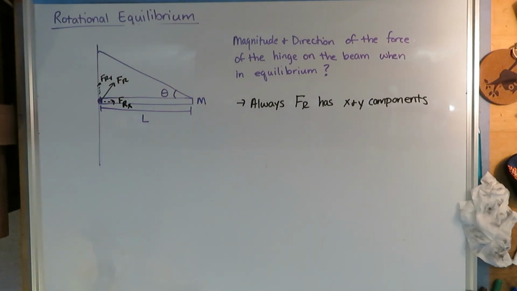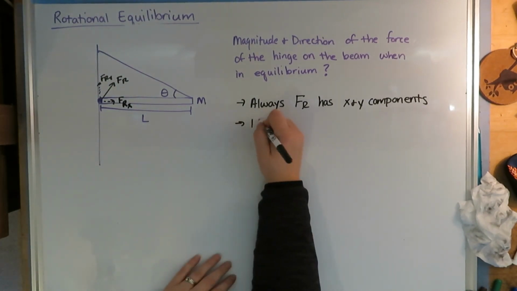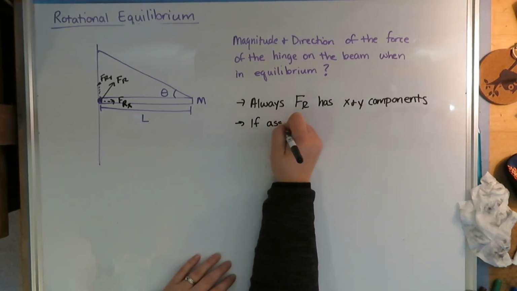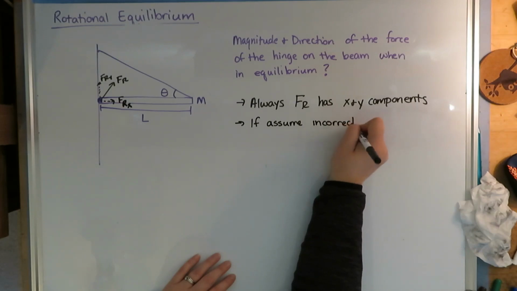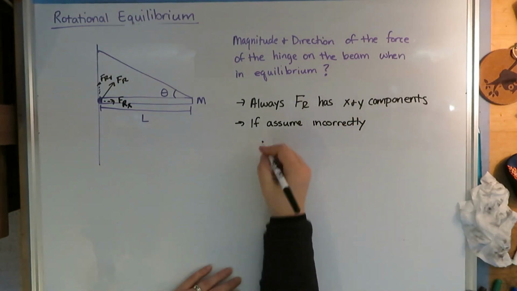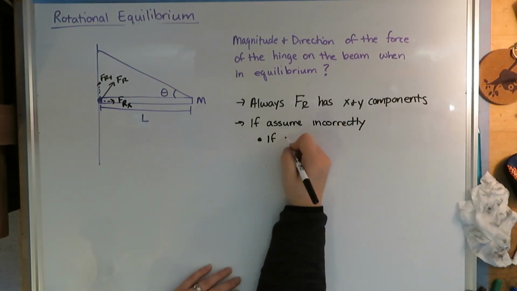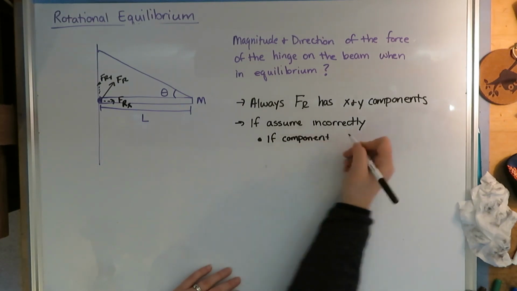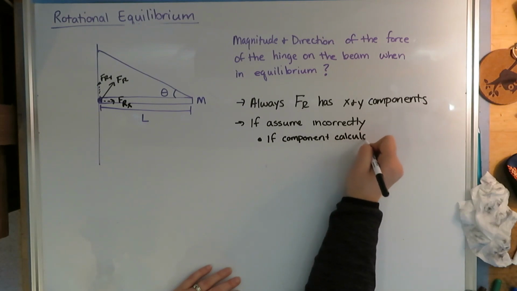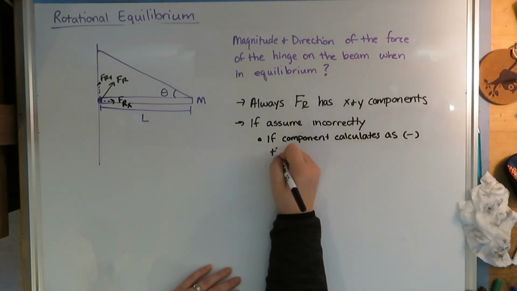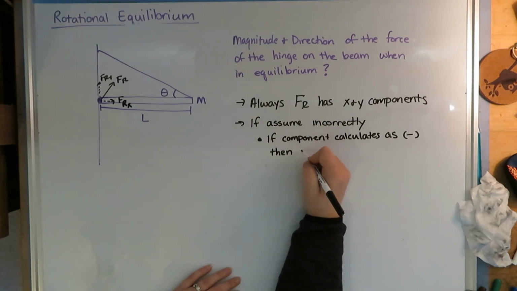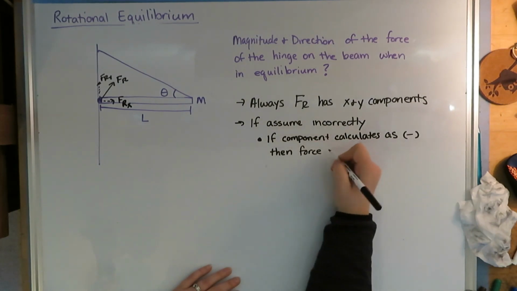Now, the reason this works is if you assume incorrectly, there are some different options. If one of the components comes out negative, then all that means is that the force was drawn in the opposite direction.